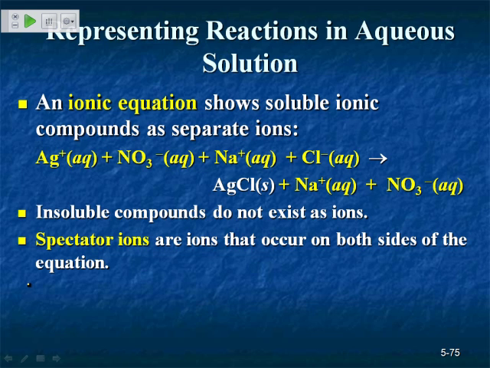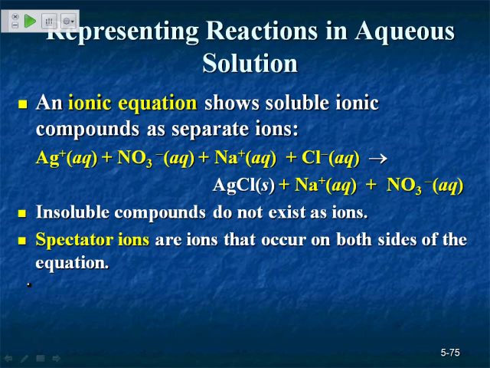On the right side, this is an insoluble solid, so it does not separate into ions. If it is insoluble, how can it separate into ions? When does something separate into ions? When it is soluble. Okay? Ionic compounds have to dissolve, then only they can dissociate or separate into ions.